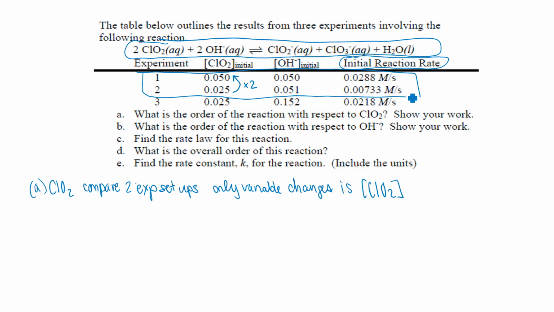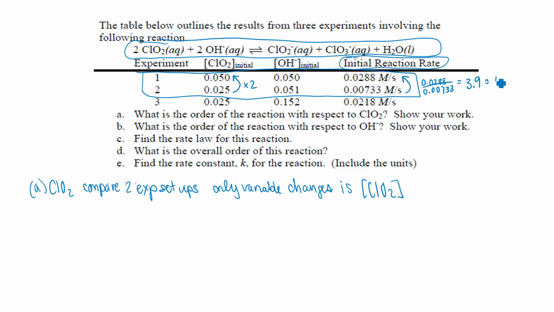Now let's compare these reaction rates. I'm going to figure out how much faster the reaction is, so I'm going to take the faster rate and divide it by the slower rate. When I divide those, I get 3.9 on my calculator.